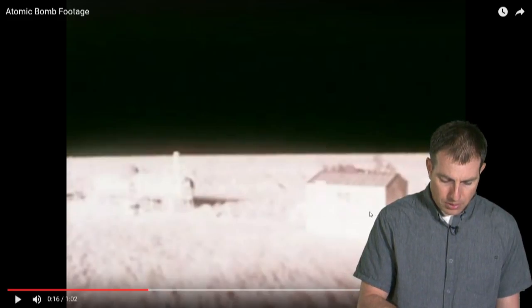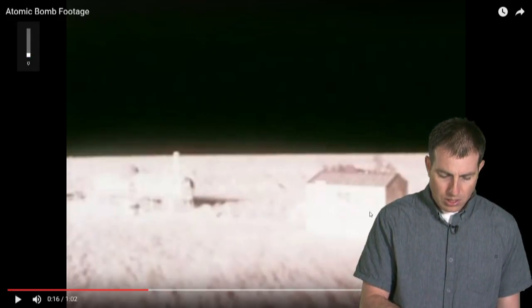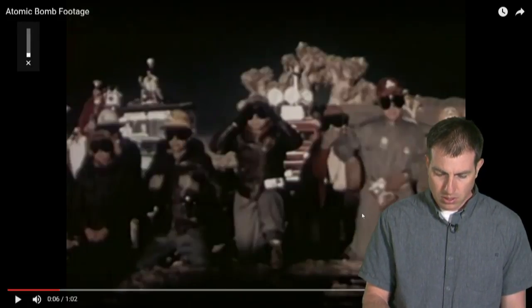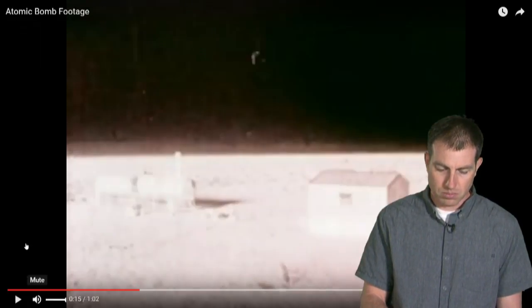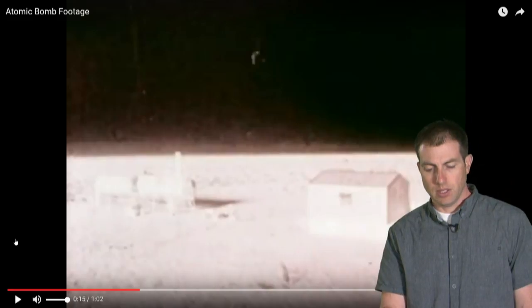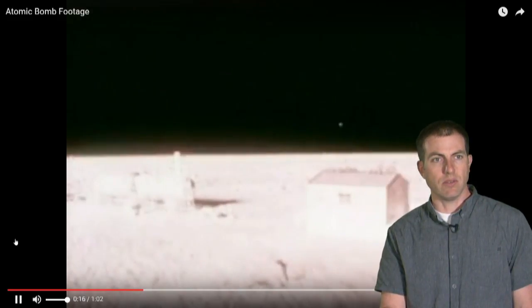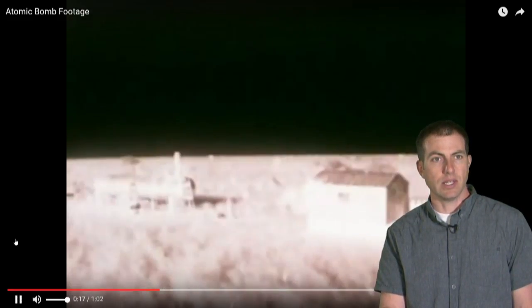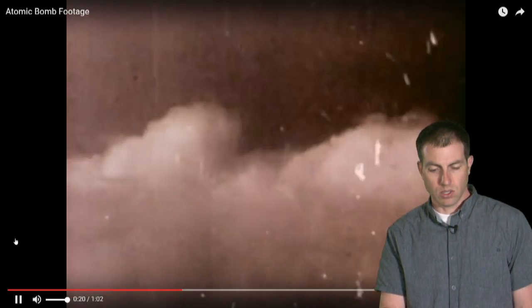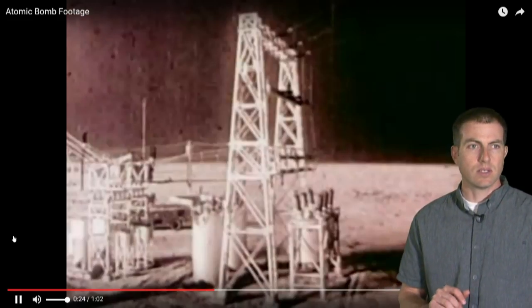And that is what happens during these nuclear detonations. So you can go online and watch lots of unclassified footage, but you get the kind of vaporization of everything, and then the shock wave comes through and knocks everything over. So again here, when this loads in a second, this is a power station.